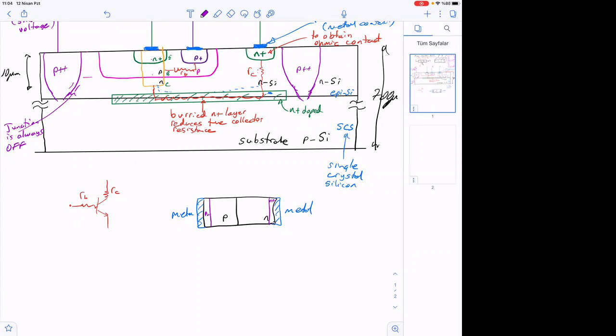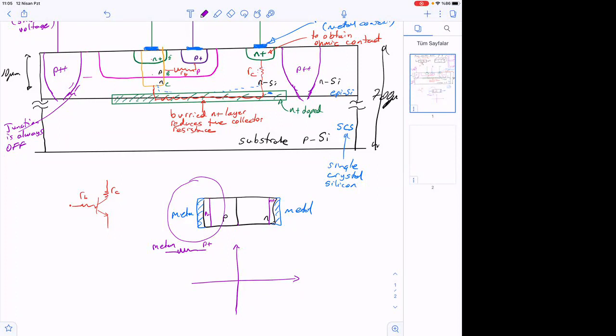So in the PN junction, if you look at this region here, the resistance between metal and P plus is very small.